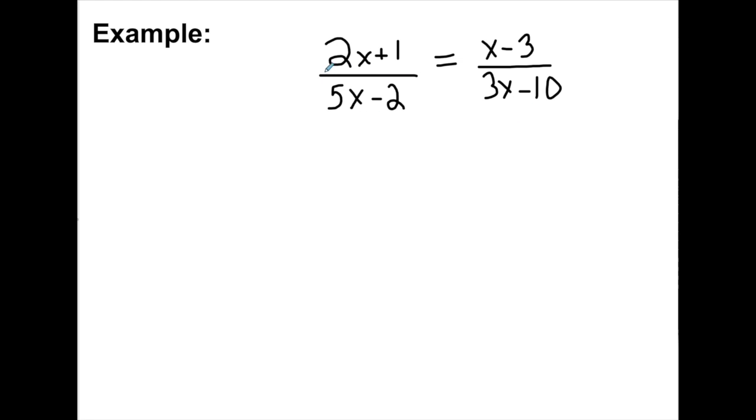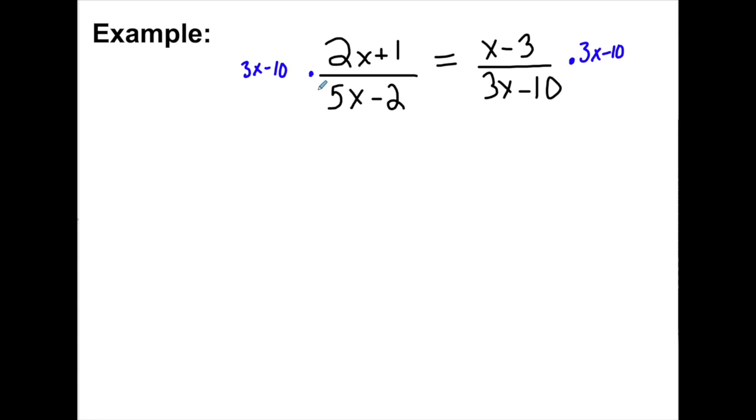I need to multiply both sides by the same thing, because that's something I can always do with an equation. But I'm going to need the denominator to cancel out. For example, if I multiply the right-hand side by 3x minus 10, this denominator would cancel. But then I would have to do the same thing on the left or the equation wouldn't be balanced.